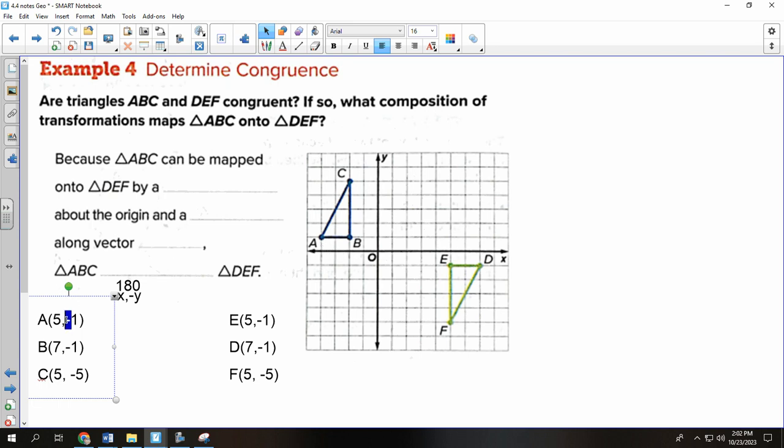It's at 4, 1. B is back to up, so -2, 1. And then C is at left 2, -2, 1, 2, 3, 4, 5, -2, 5. Well, we're getting our graphing practice in today, aren't we?